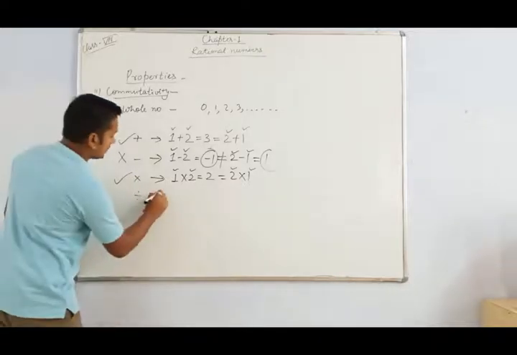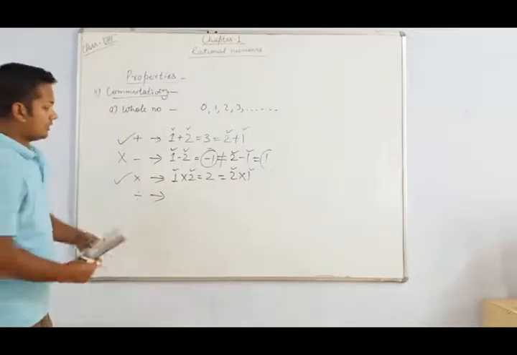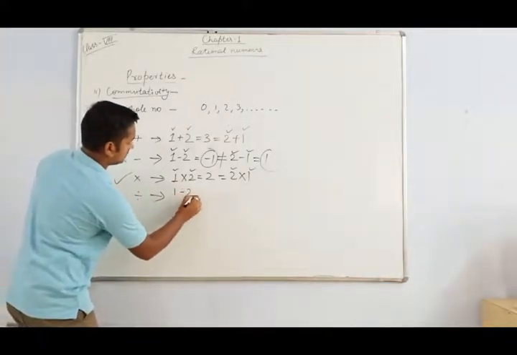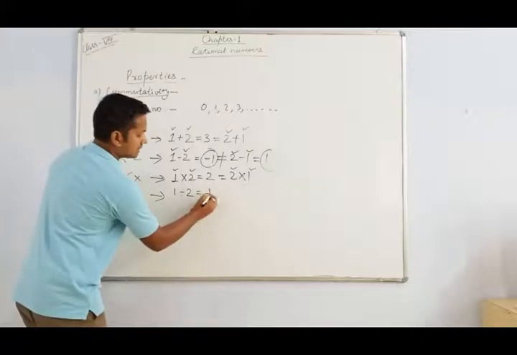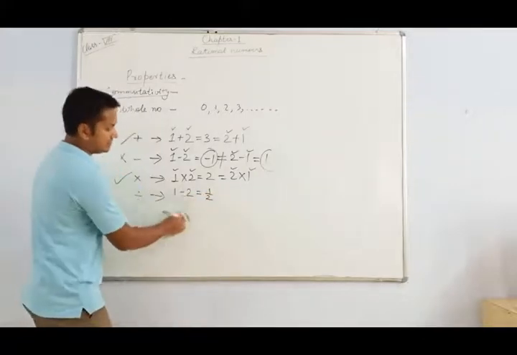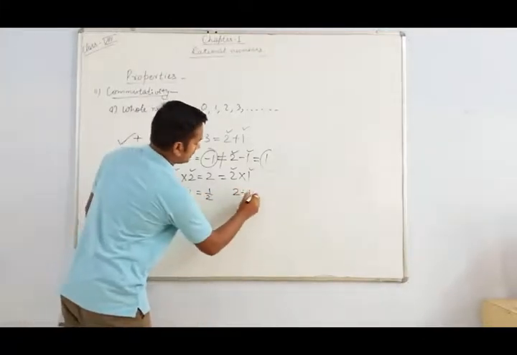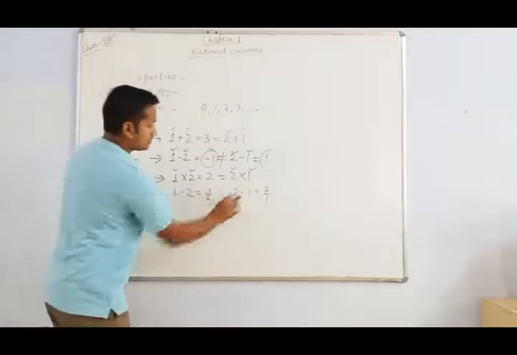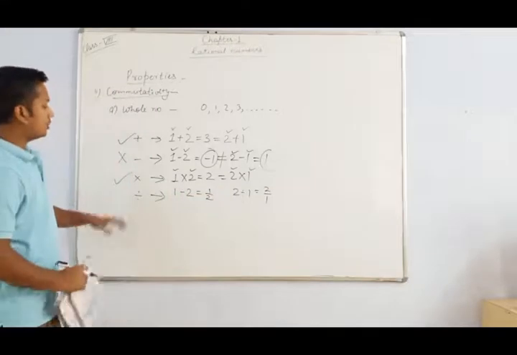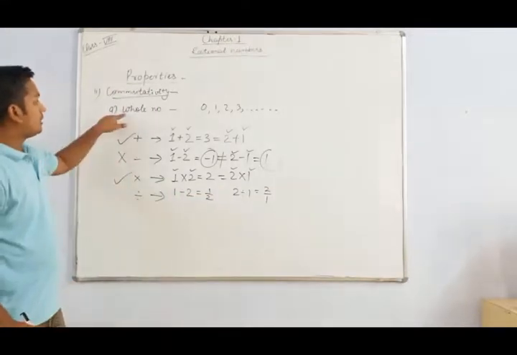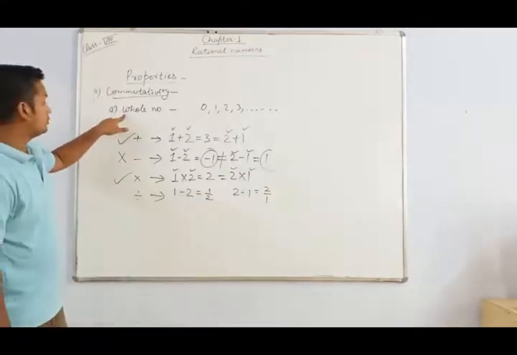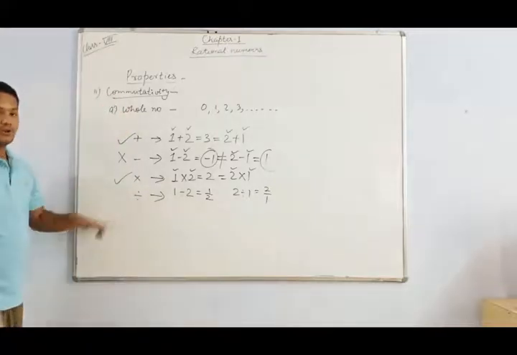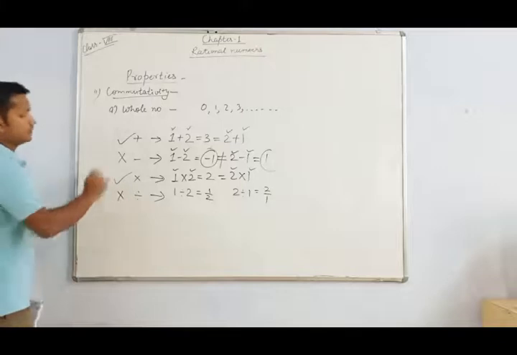Now the last one, for division, let's take 1 divided by 2. It will give you half. Interchange them: 2 divided by 1 will give you 2 upon 1. Are they same? Is half equal to 2? No, obviously. So you can say that whole numbers do not hold commutativity under the operation of division.